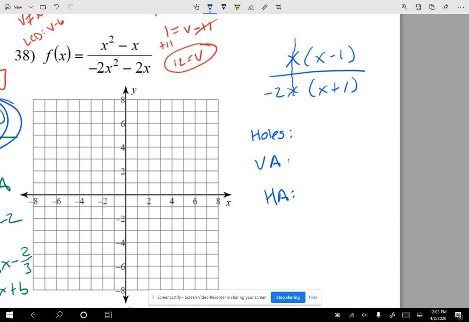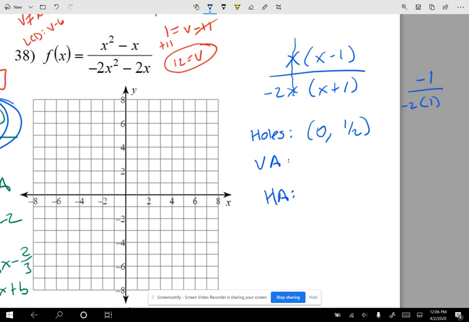That x cancels out. Thinking what value of x makes that equal to 0? 0. So the value of x is 0. Now, for me to find the corresponding y, I'm going to put 0 for the x in what I have left. So that gives me negative 1 over negative 2 times 1, so that gives me 1/2.